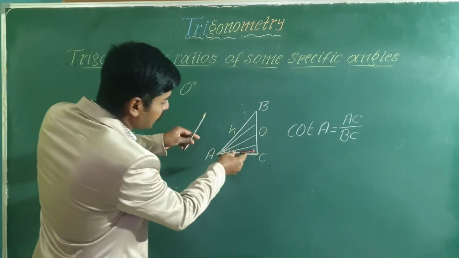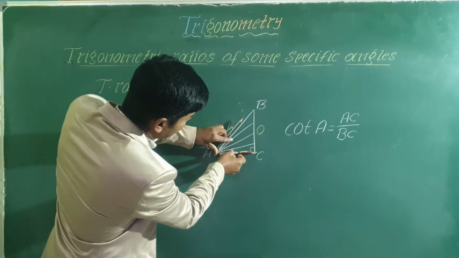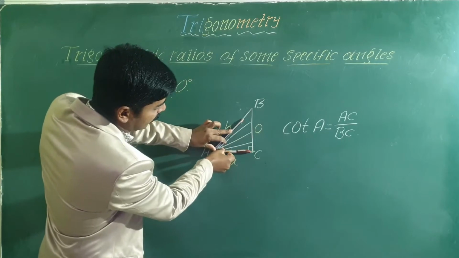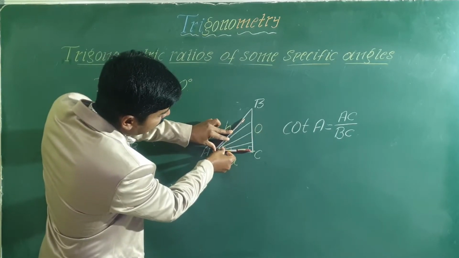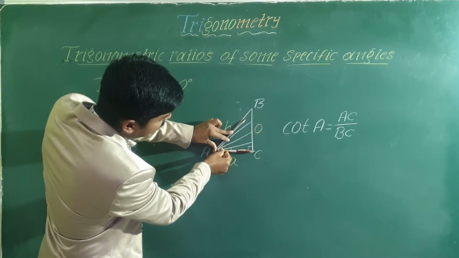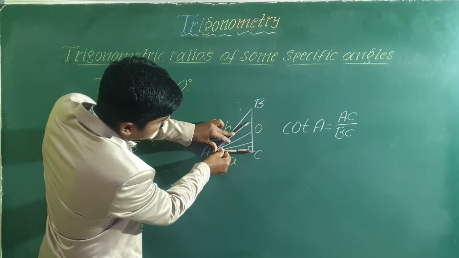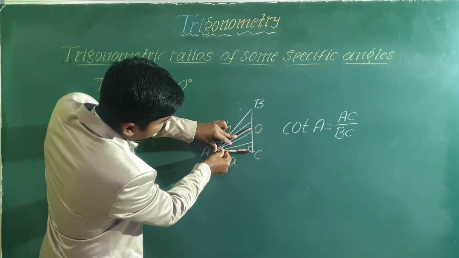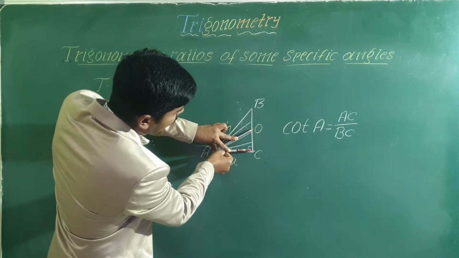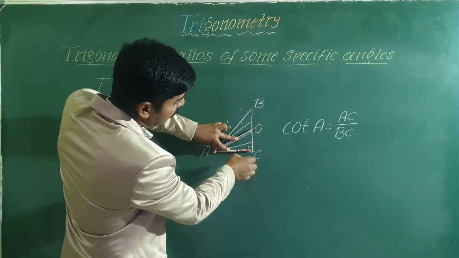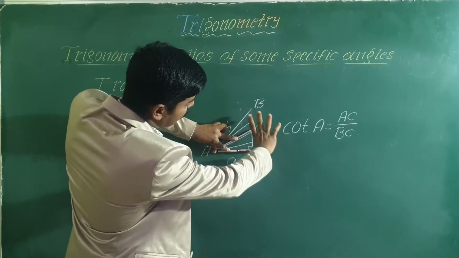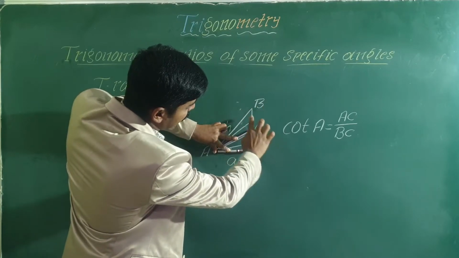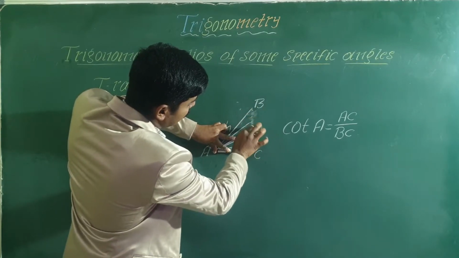Look here, this is the adjacent side and this is the hypotenuse, and we have our opposite side. Let us go on making this angle A smaller. When I reduce this angle A, you must notice what will happen to your opposite side, that is BC. The BC will reduce. Initially it was this much, now it has reduced till here.